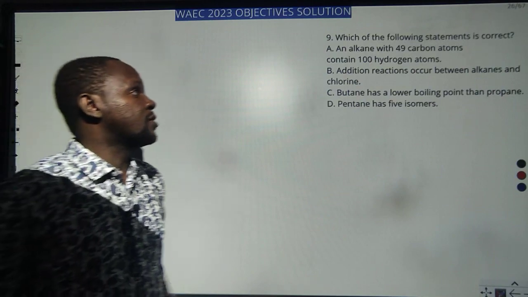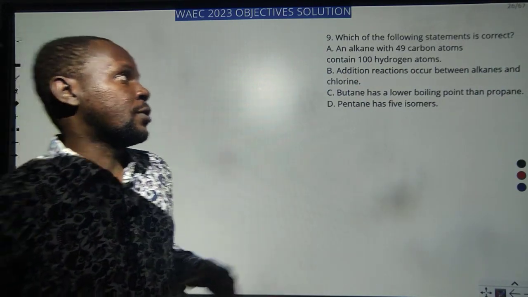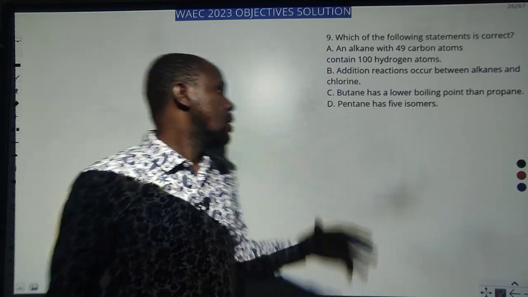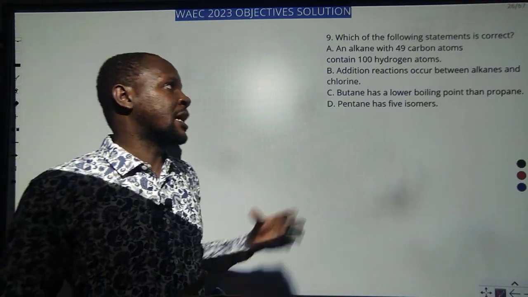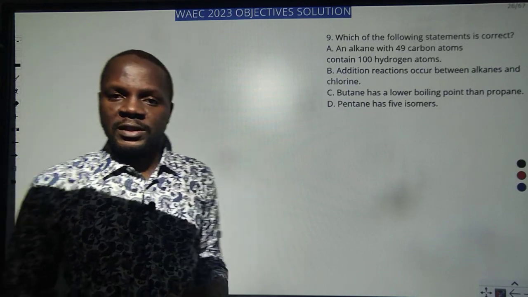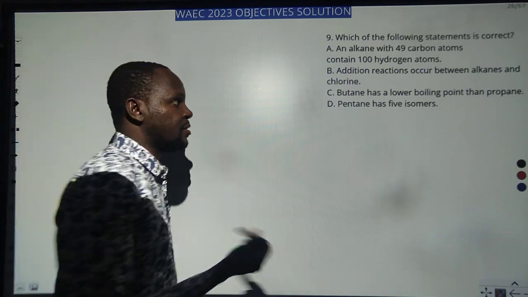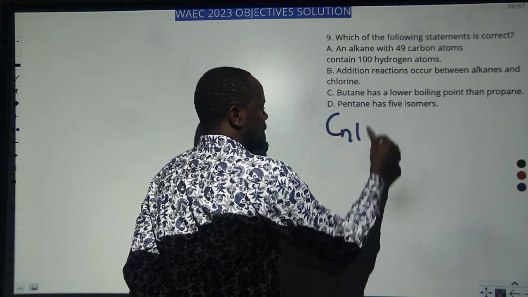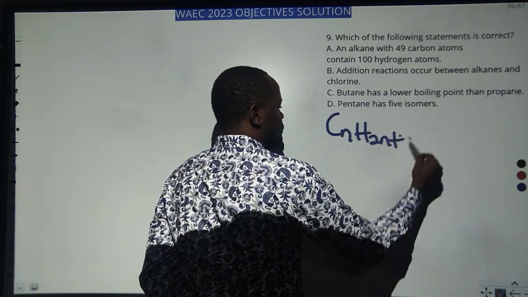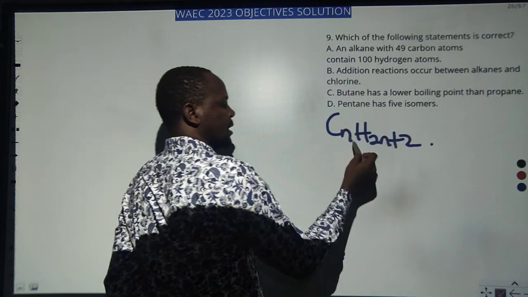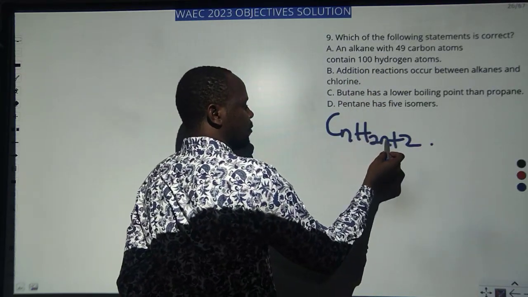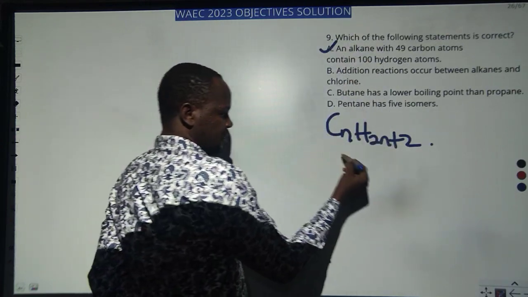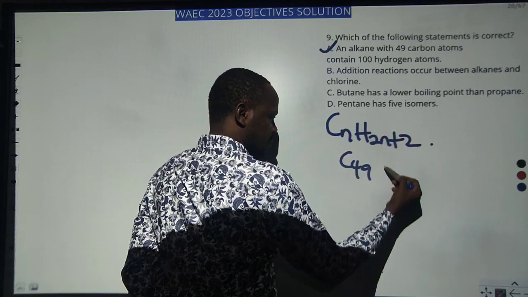The next one says, which of the following statements is correct? A correct statement requires you to have an idea of the concept. Now the first one is alkanes with 49 carbons contain 100 hydrogens. I think that's a lie. Let's see how it might be true. For 49 carbons, the general formula of alkanes is CnH2n+2. So n is 49 carbons, 49 times 2 is 98, plus 2, 100.